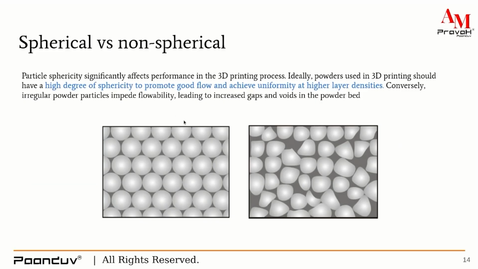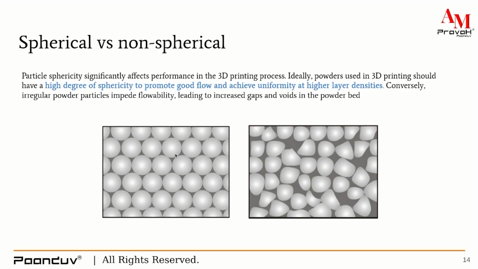Now there is another concept which is in trend right now, when people are using cost effective methods to create these particles. Either you take the water atomization process or the ball milling process to create these particles. These particles are emerging to be non-spherical.